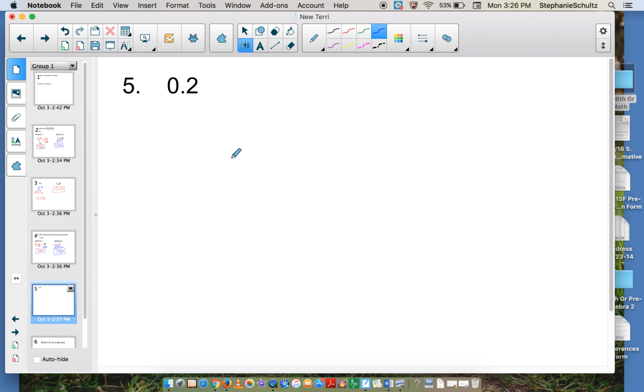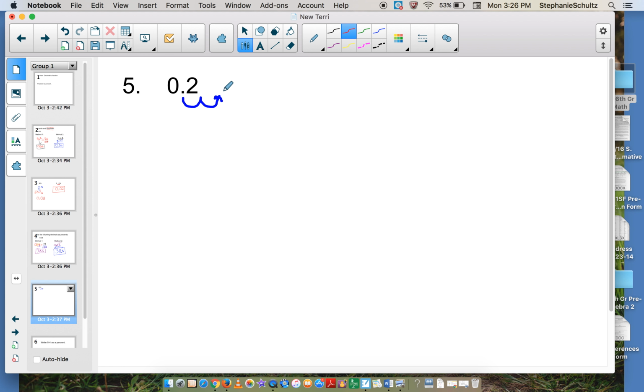All right, 0.2. Any thoughts of what it's going to be? Well, I'm going to go ahead and choose that most of you are probably picking to do it the method 2 way. So I'm going to move that decimal over 2 spots because it's the same thing as multiplying it by 100. And I know my decimal is going to end up there.